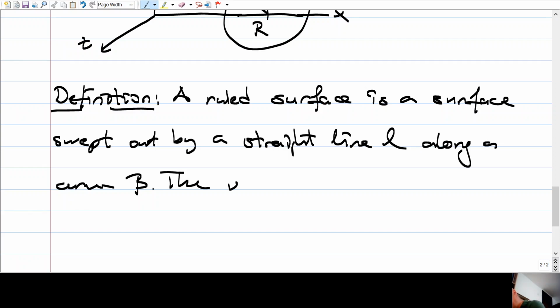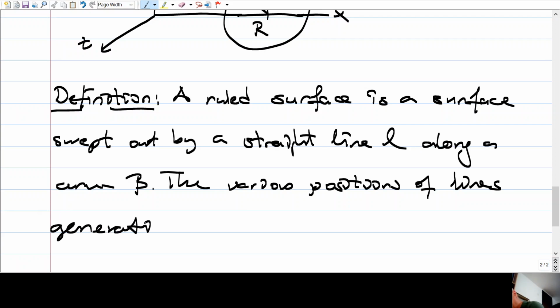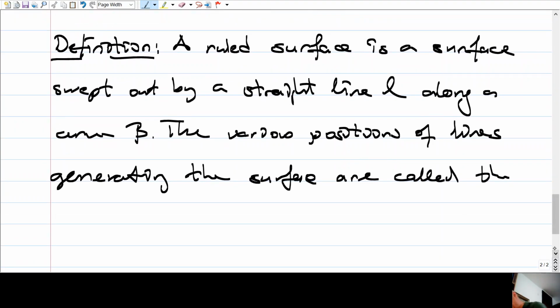The various positions of lines generating the surface are called rulings of the surface.